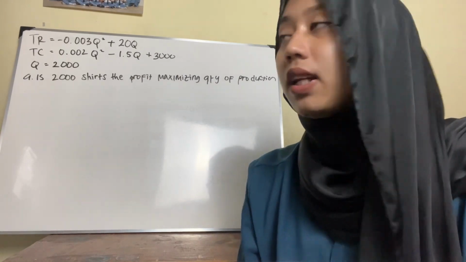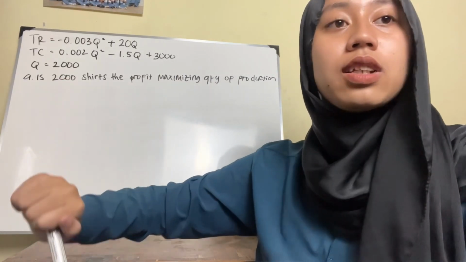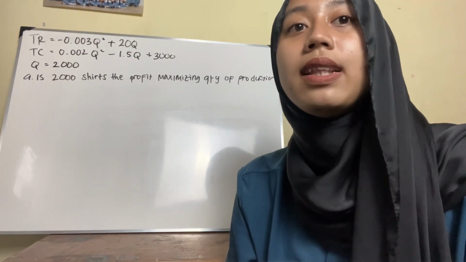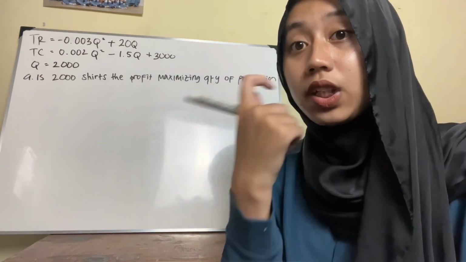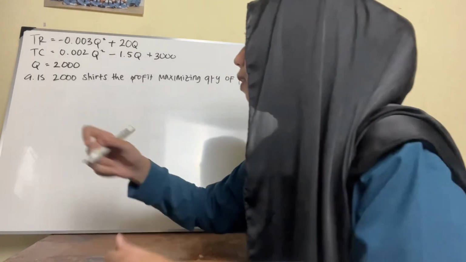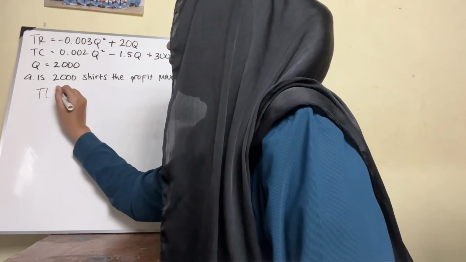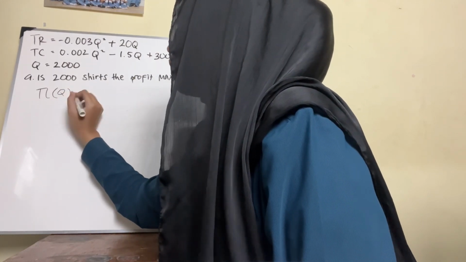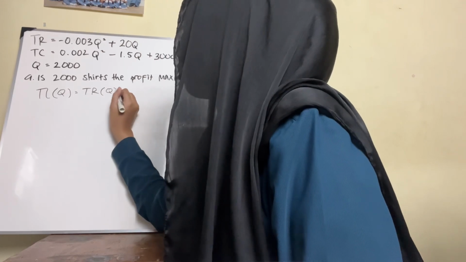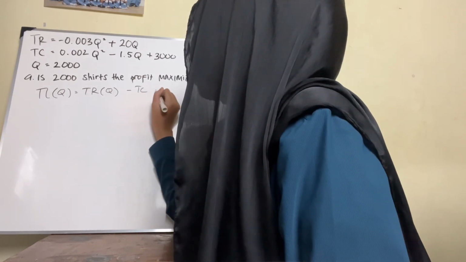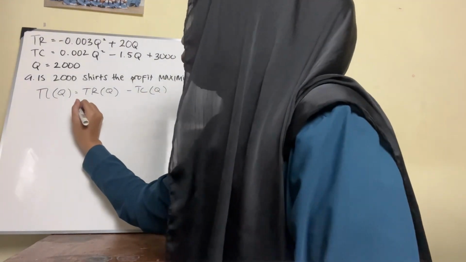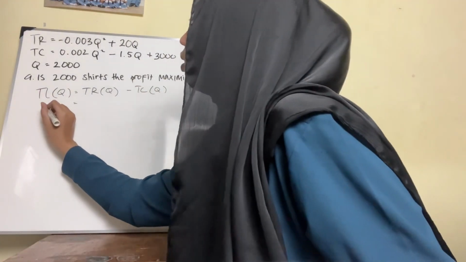Okay, to determine if 2,000 shirts is the profit maximizing quantity, we need to find the quantity Q that maximizes profit. So we have to find the profit. Phi of Q is total revenue of Q minus total cost of Q. We substitute the values.